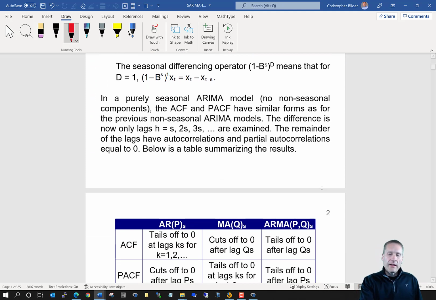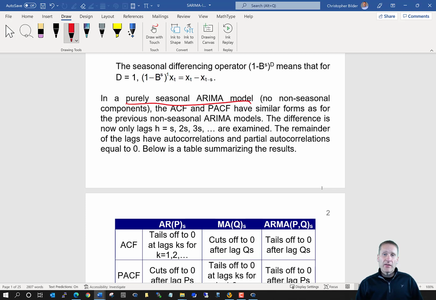Now, in a purely seasonal ARIMA model that I just showed, the ACF and the PACF have a very similar form to what we had seen previously for a non-seasonal model.